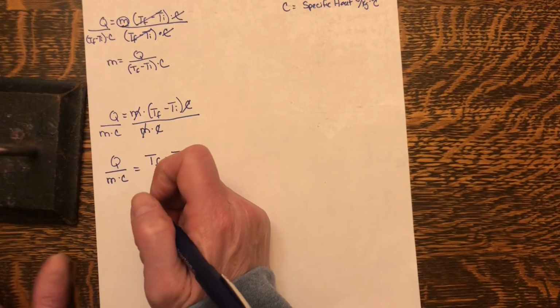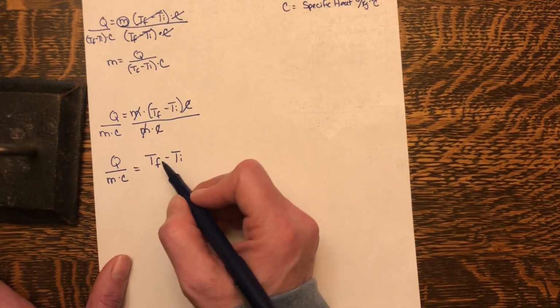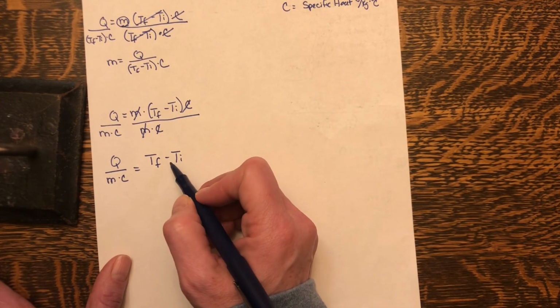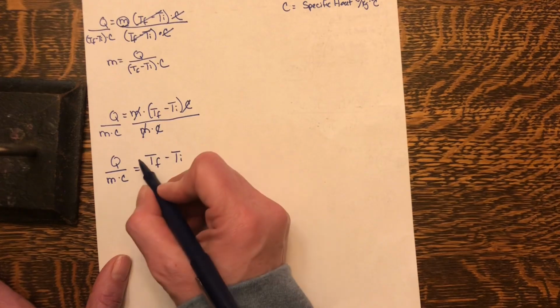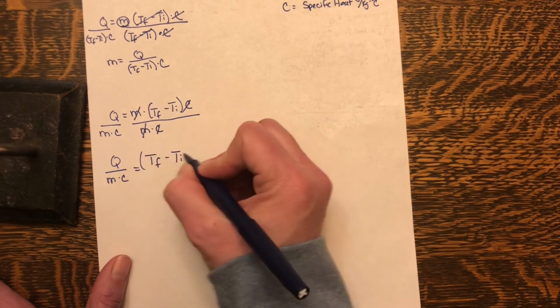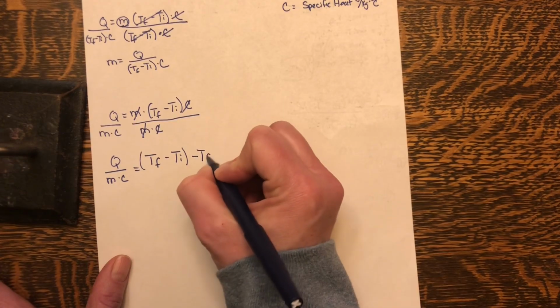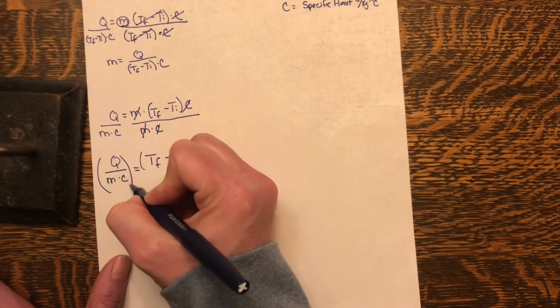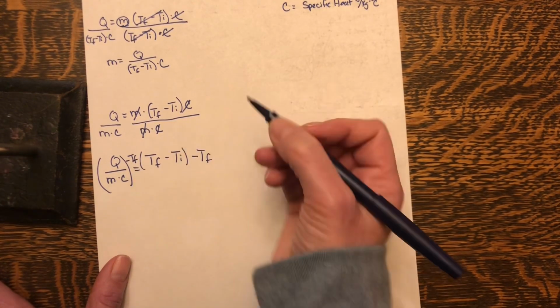So then, if I want my temperature initial, I'm going to subtract my temperature final. I can take this side minus my temperature final. If I do it on one side, I have to do it on this side, minus my temperature final.